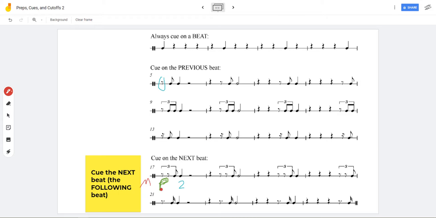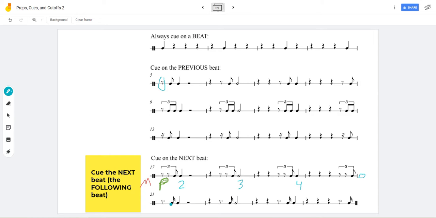But for this new situation, we'll focus on prepping on the beat where the pickup happens, and then actually just cueing the beat that the arrival note is sitting on. So that's on 3, that's on 4, and then this would be pickup to an imaginary 1 that I do think is in the recording.